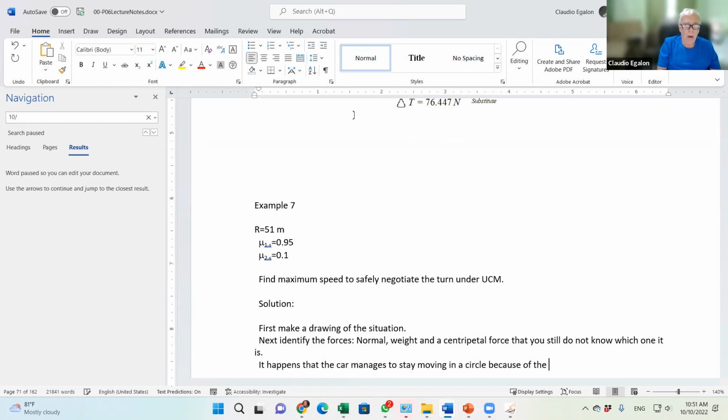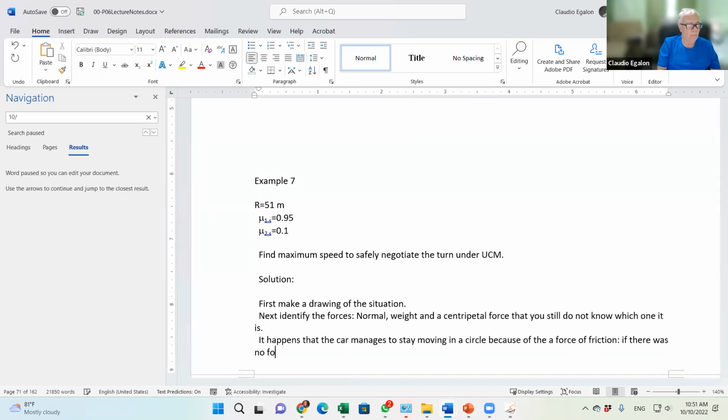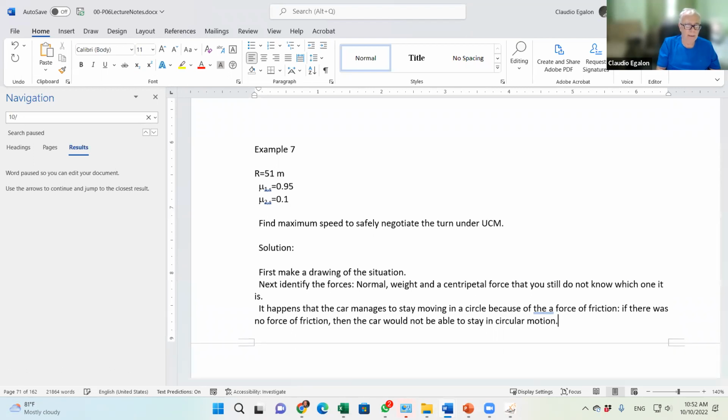because of a force of friction. If there was no force of friction, then the car would not be able to stay in circular motion.